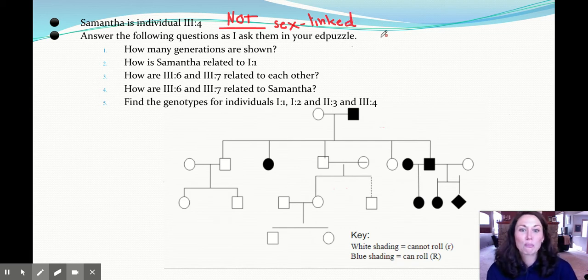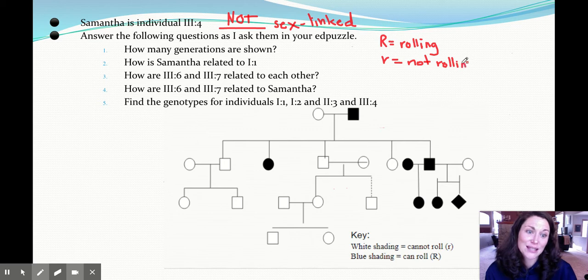We are going to use big R for rolling, that's the ability to roll your tongue, and then we'll use little r for not rolling. So if you're an individual who can't roll your tongue, you are a homozygous recessive person because you have to have two little r's to not roll your tongue.